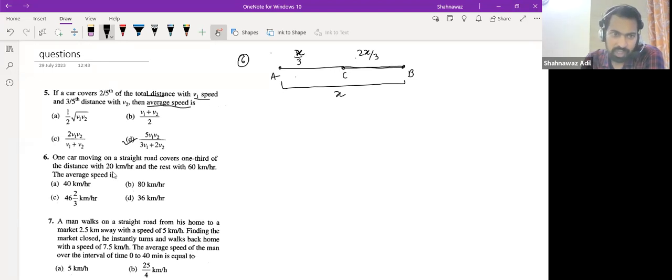Now this speed is 20 kilometers per hour, and this is 60 kilometers per hour. So you guys quickly calculate and tell me what the average speed is.